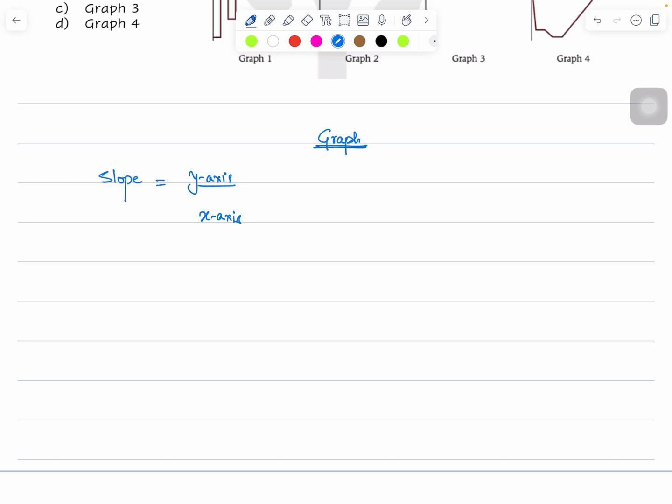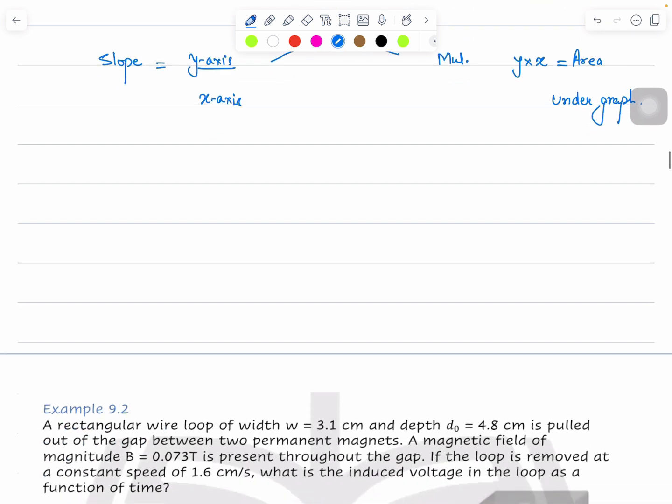And second, if you multiply them, y-axis multiply x-axis, that is called area under the graph. Clear?